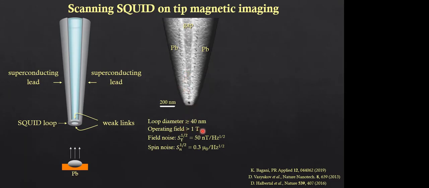Our field resolution is limited to about 50 nanotesla per square root hertz, and our spin noise is about 0.3 Bohr magneton per square root hertz. So using this, we can actually detect the single spin of one electron.